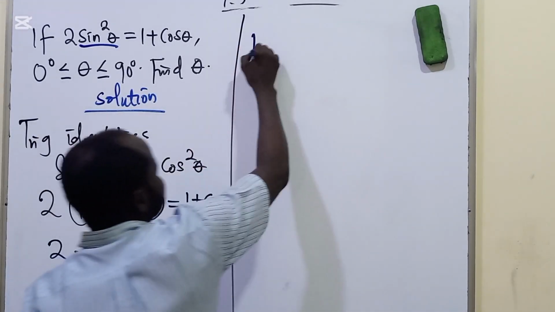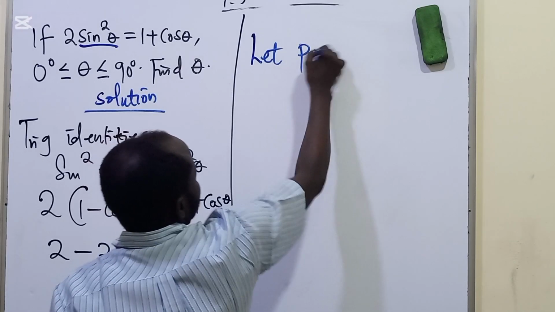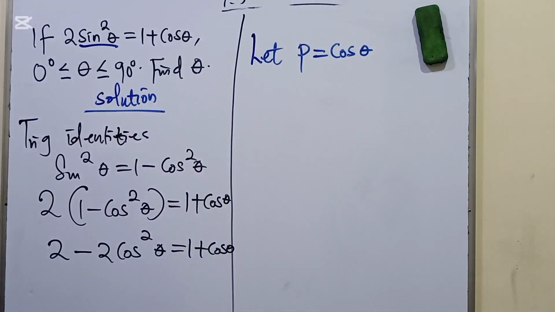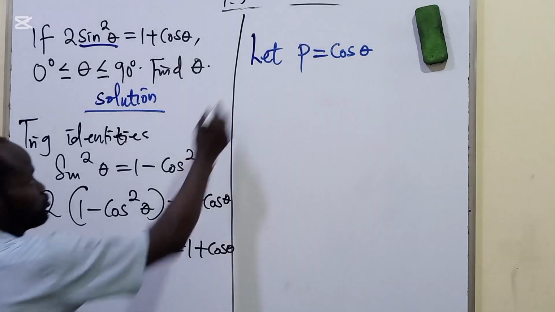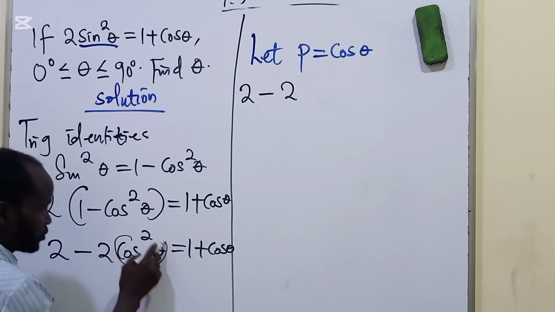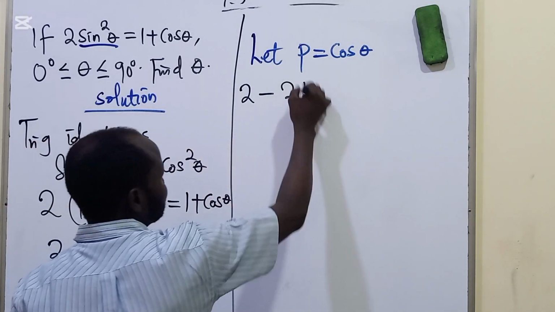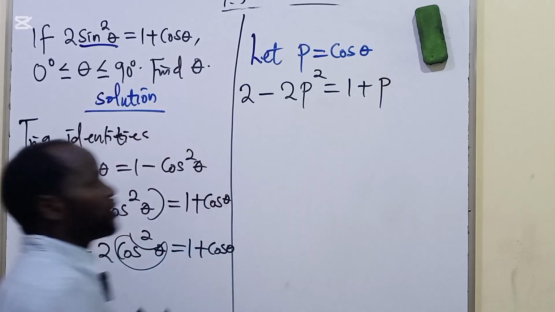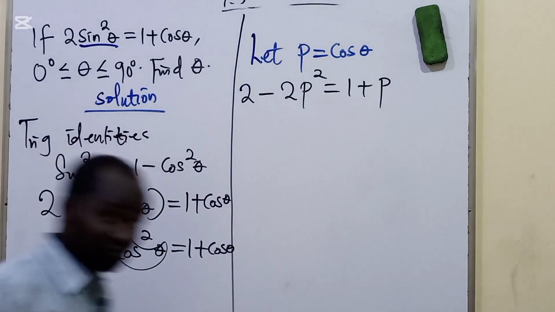So let P be equal to cos theta. Anywhere I see cos theta, I will put P. So I will have 2 minus 2P squared equal to 1 plus P. Of course, the leading power here is of degree 2.